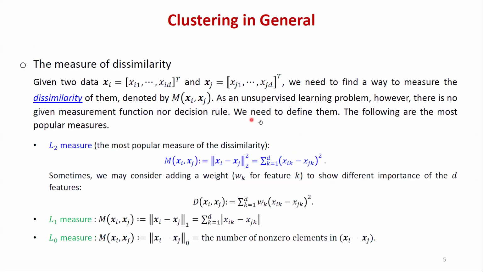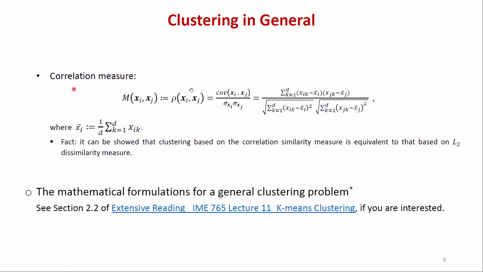Now, when we say closer, we need to define what we mean by closer. So we define the opposite, which is dissimilarity. Instead of closer, we're actually defining further. We have different norms: L2 norm, L1 norm, L0 norm, and correlation norms are here.